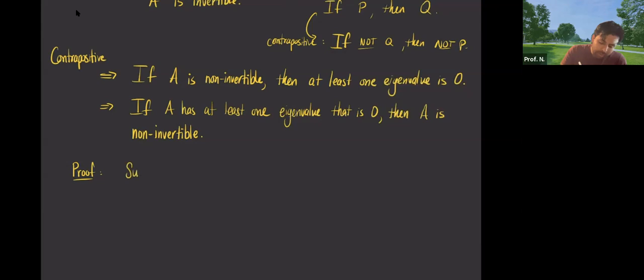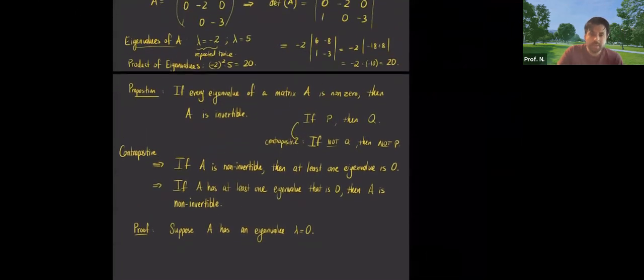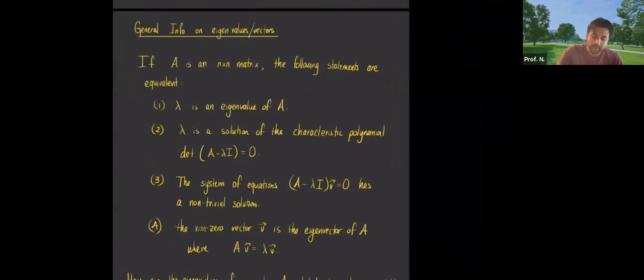So suppose A has an eigenvalue lambda equals 0, right? So if lambda equals 0, remember what were the equivalent statements? If lambda equals 0, then lambda equals 0 is an eigenvalue of A, and then lambda equals 0 is a solution to the characteristic polynomial.